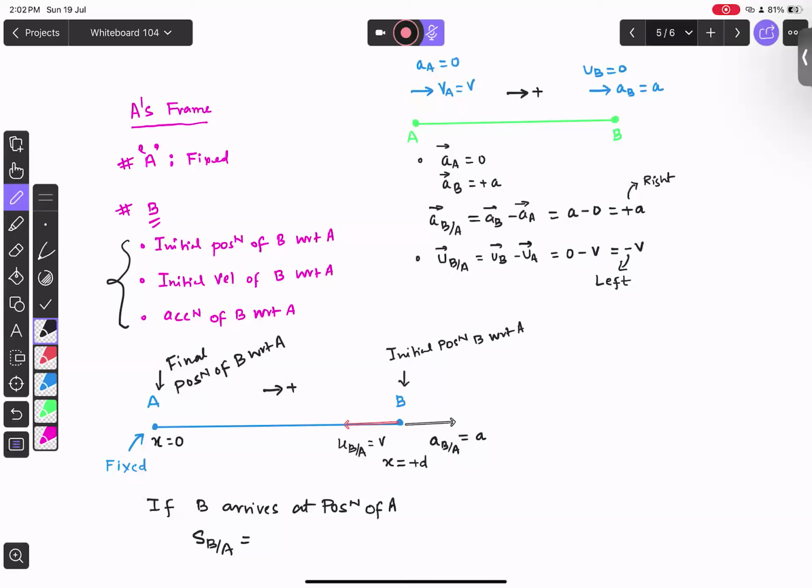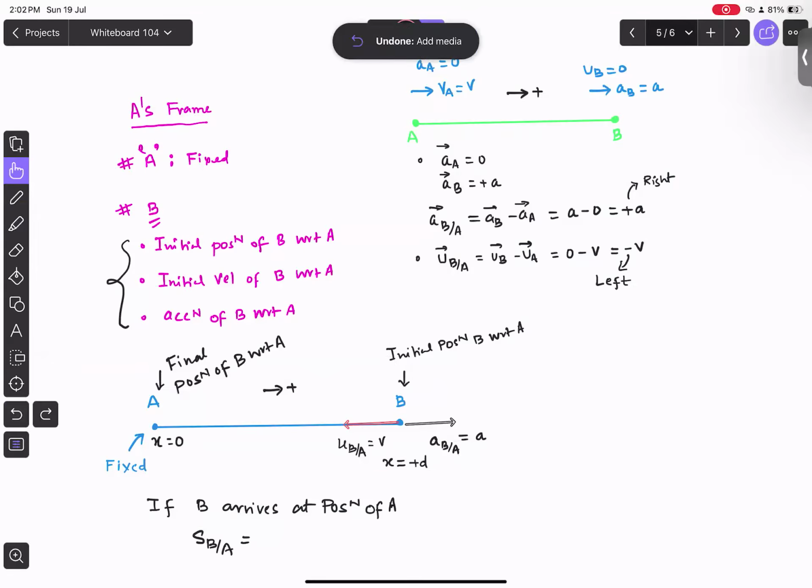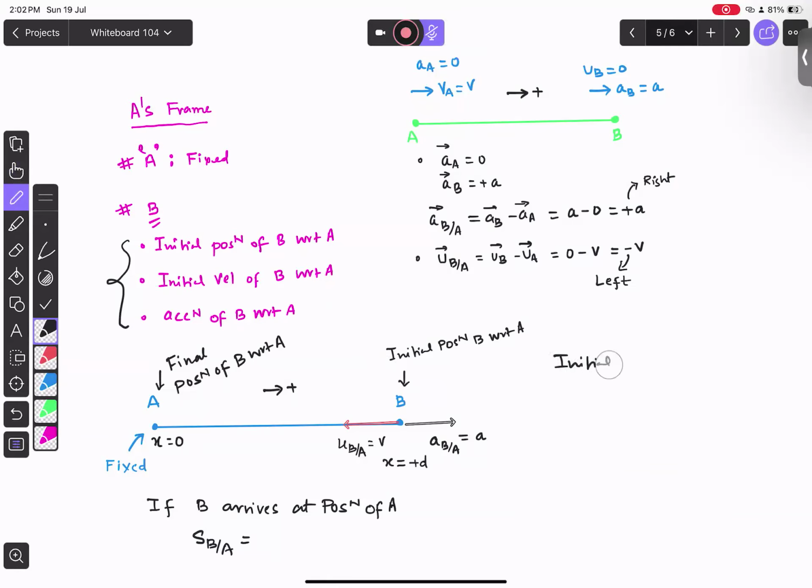In 1D motion, plus and minus will do the job.